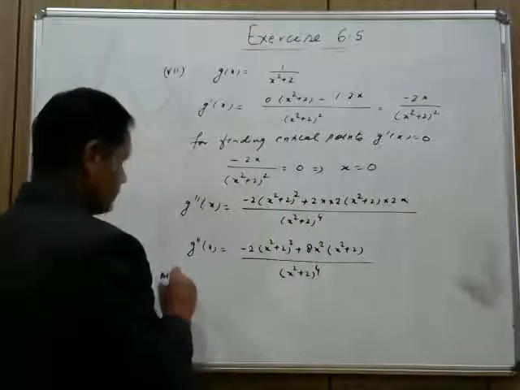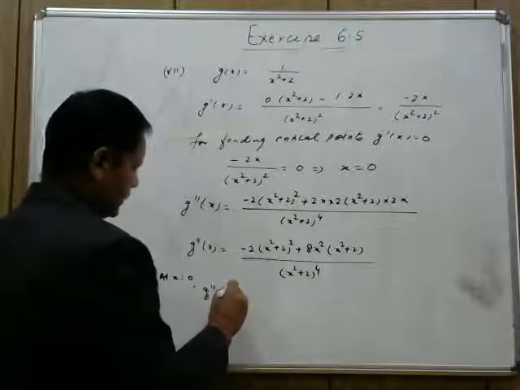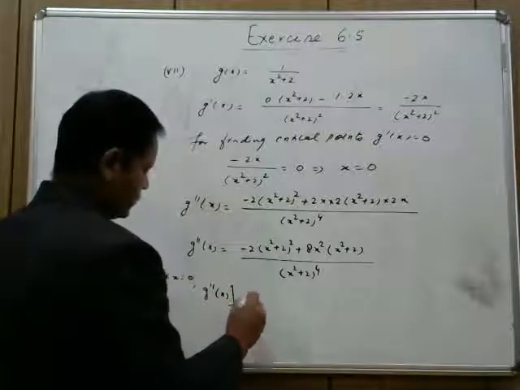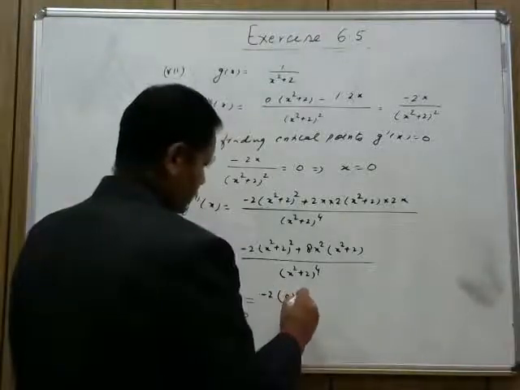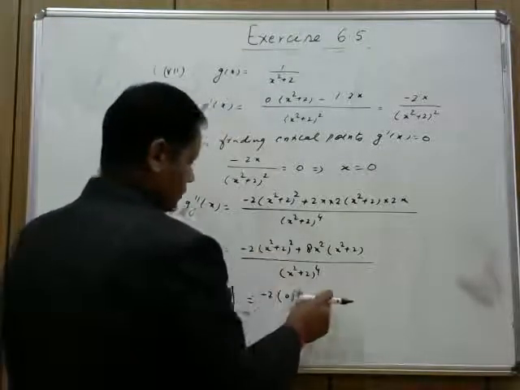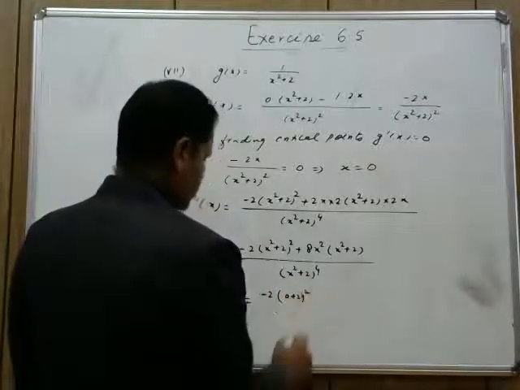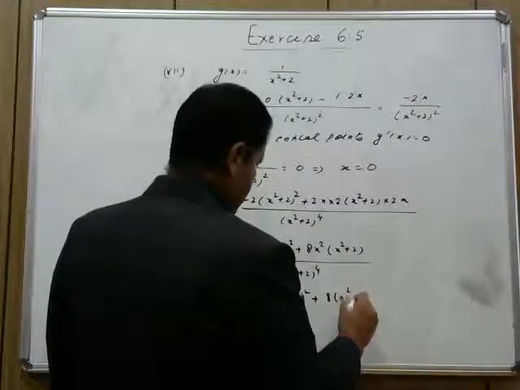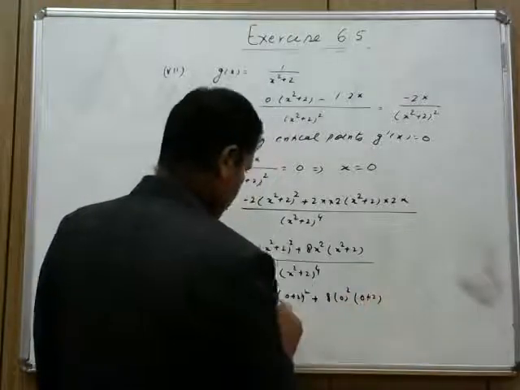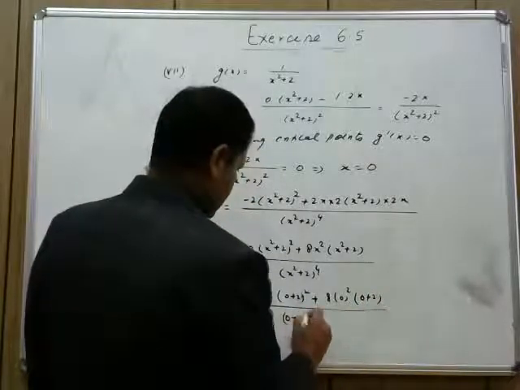At x equal to 0, g double dash of x will have minus 2 into 0 plus 2 whole square, plus 8 into 0 square into 0 plus 2, divided by 0 plus 2 to the power 4.